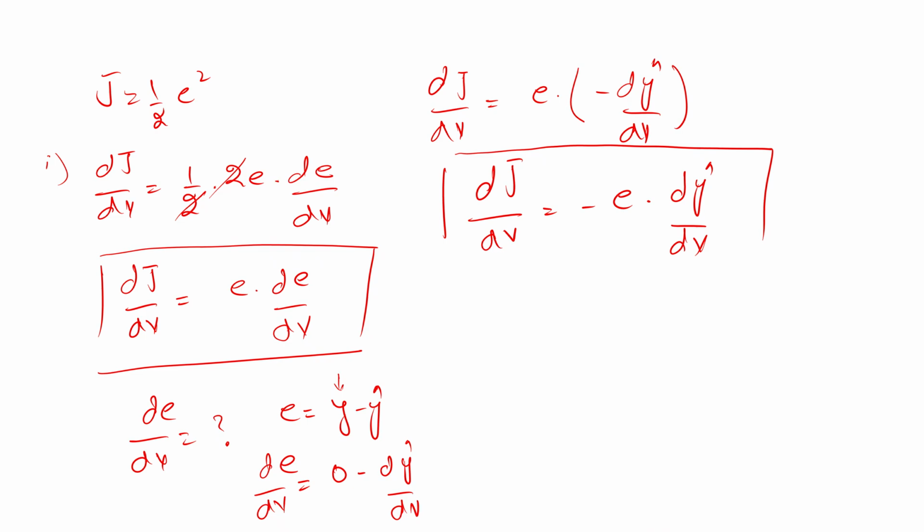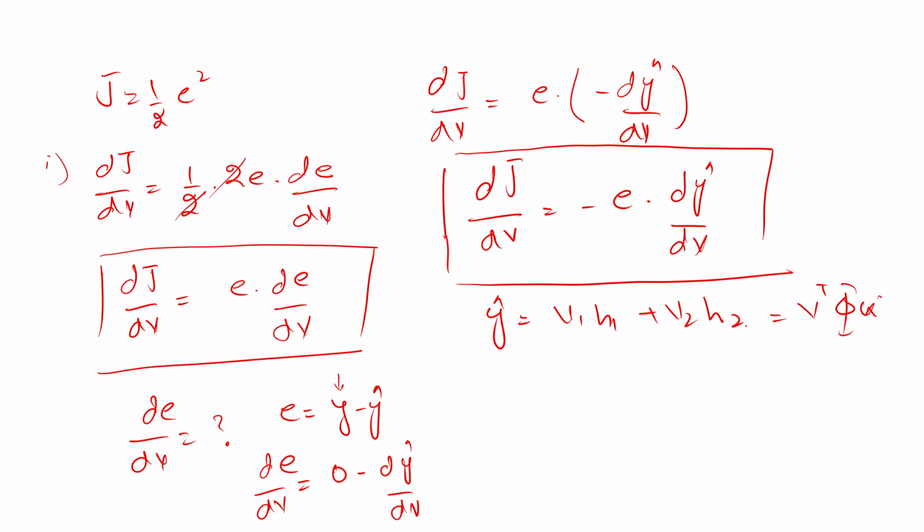Now the question is, how do we find the derivative of the estimated output function? This is really easy. We know that y hat is equal to v1 h1 plus v2 h2, or in vector form we can write it like this. For simplicity, I will take the derivative with respect to v1 and v2, so you can understand it better.